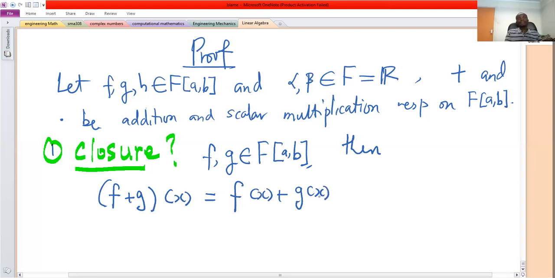This is by definition. And remember this is for all x in this closed interval AB.